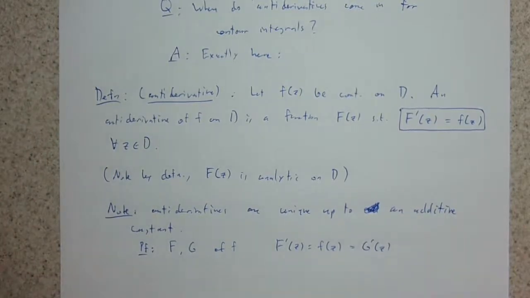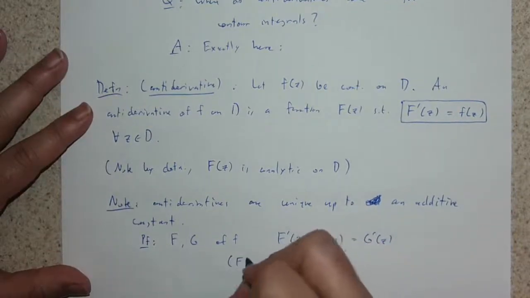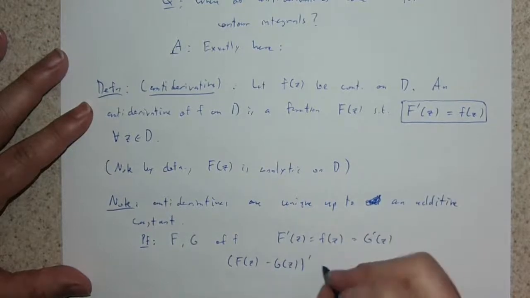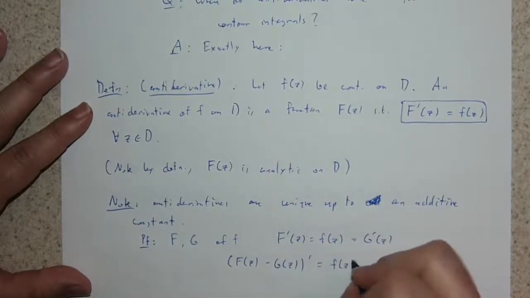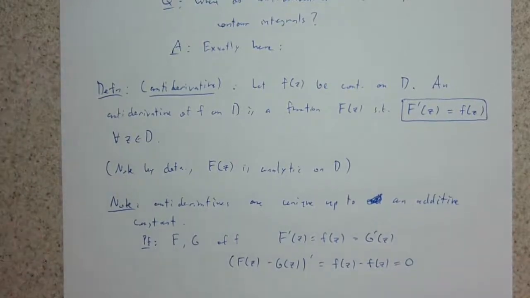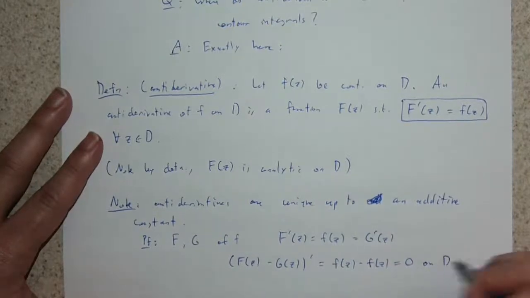And so, for instance, the derivative of F minus G is little f minus little f, which is 0. And this is 0 everywhere on D, since this equality is true everywhere on D.